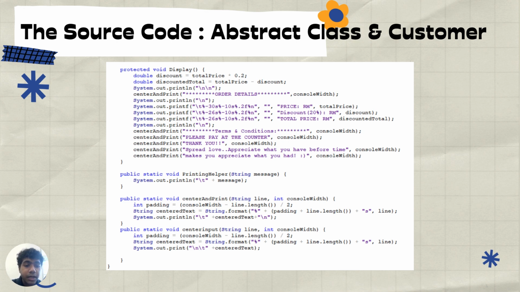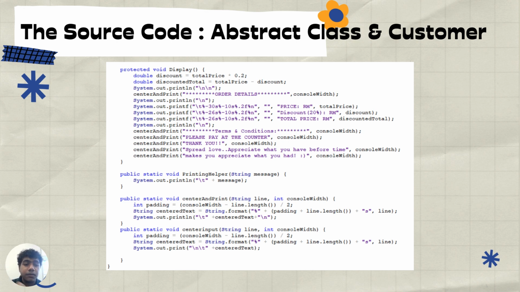Now onto the helping methods, which help the text to be aligned to the middle of the console. First, we have our printing helper method. This one will just press a tab before any messages or any output. The second helping method is called the center and print method.